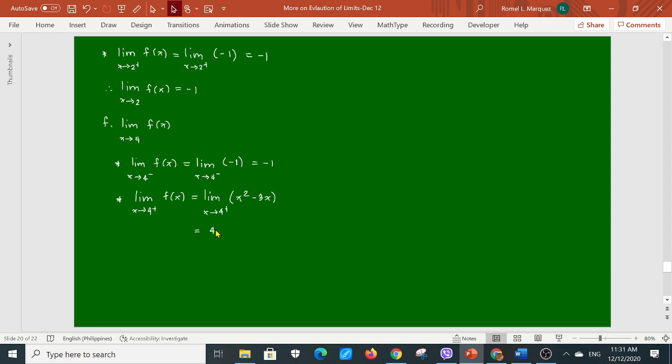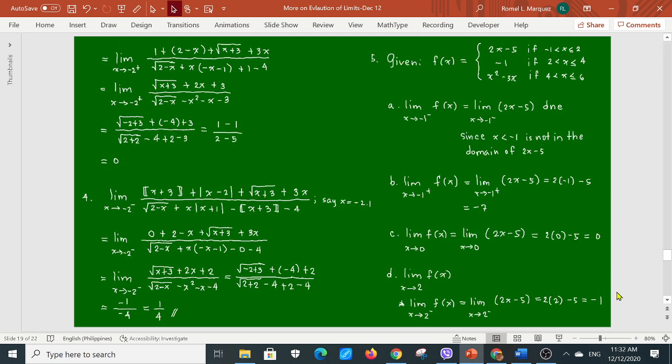We can apply the substitution technique. 4 squared is 16 minus 3 times 4, which is 12. That is 4. Are they equal, guys? No. From the left, negative 1. From the right, positive 4. Are we right? x squared minus 3x is the function.